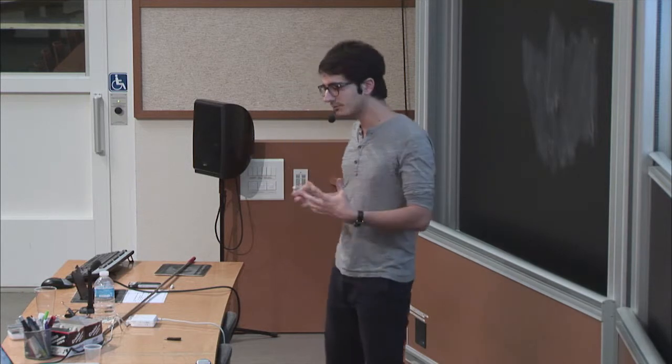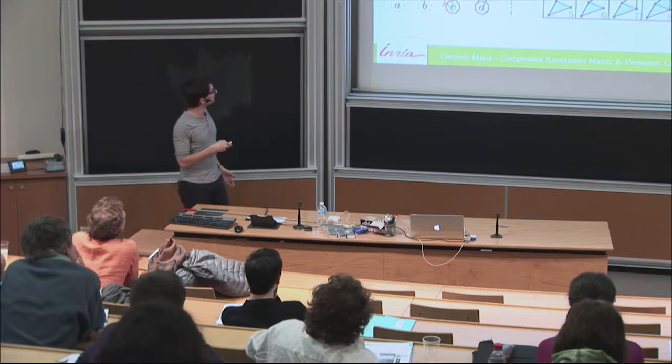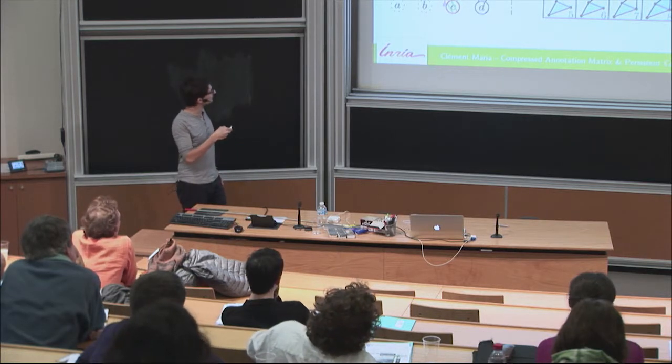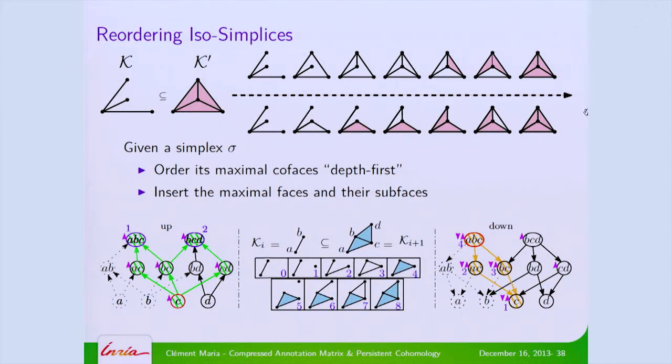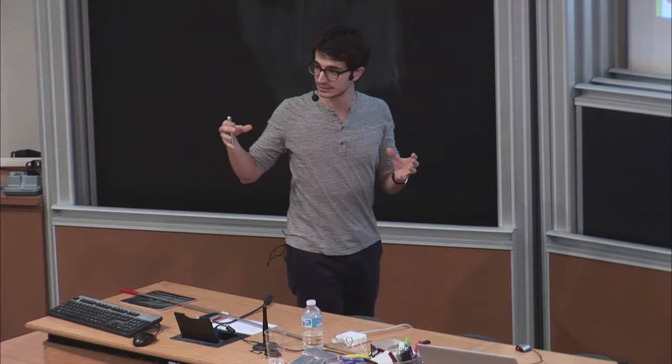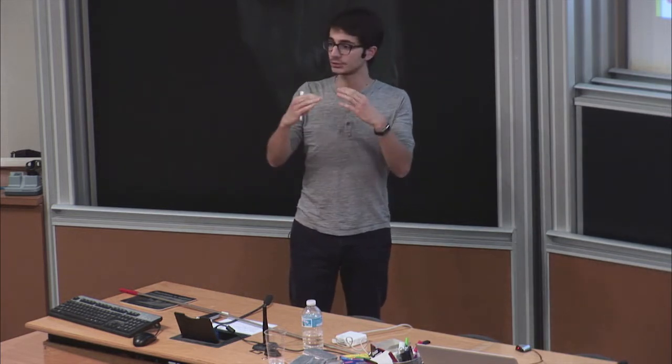So we have formalized this idea into a heuristic by traversing the Hasse diagram of our simplicial complex. I won't go into the details again, but we are basically going to the maximal simplices and adding simplices which are next to each other.